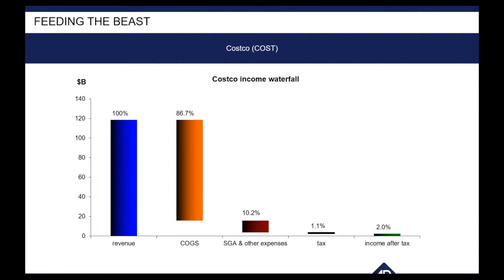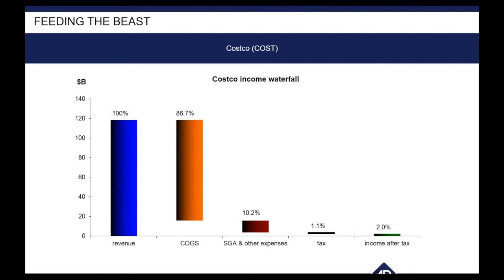For Costco, because they have such thin margins, the largest component of revenue is the cost of goods sold. That accounts for almost 87% of revenue. The remainder goes a little bit, 10%, in running the business, basically the overhead, which means real estate, insurance, payroll, utilities, and so forth, legal department, HR, everything.